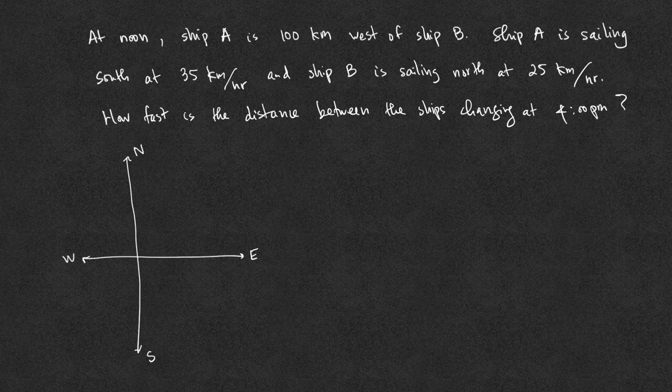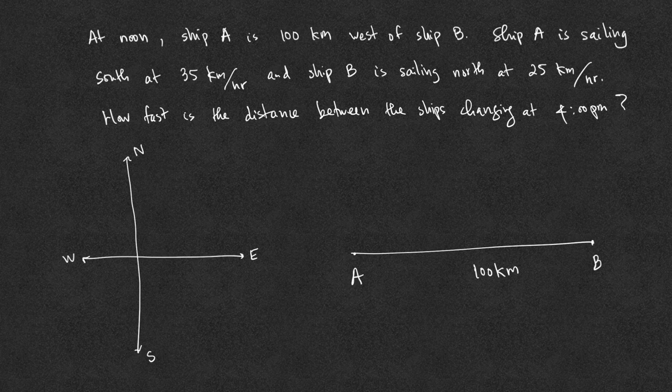Ship A is 100 kilometers west of ship B, and so as of now, ship B is on the right and ship A is on the left. The distance between them is 100 kilometers.